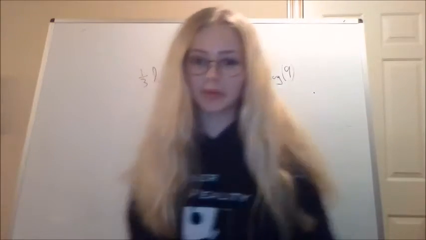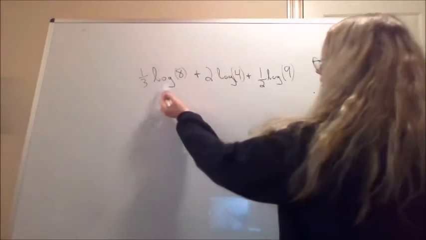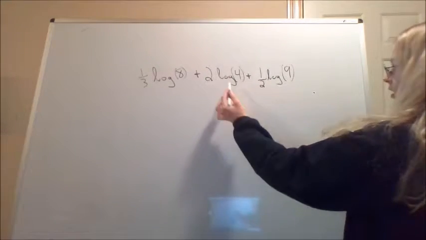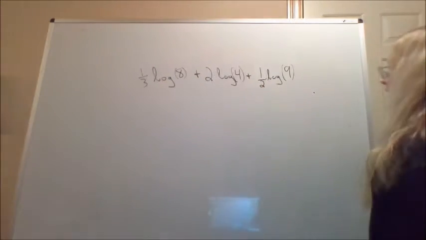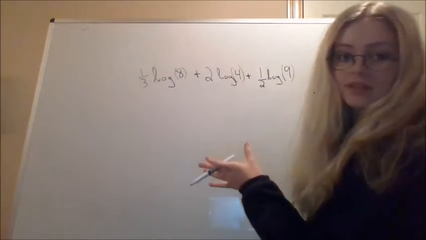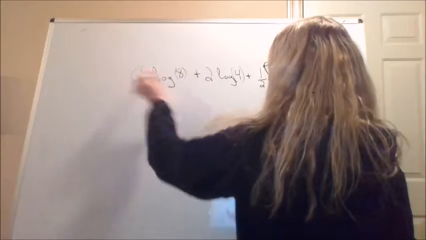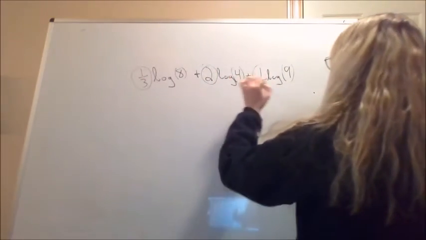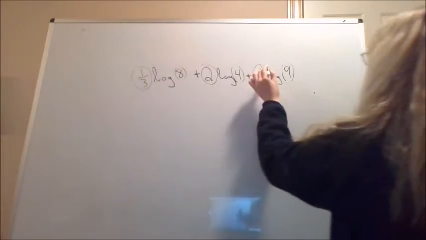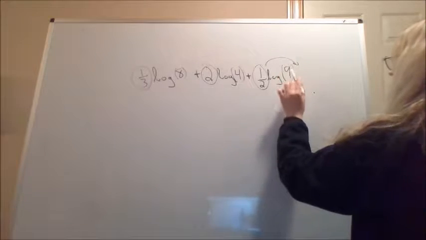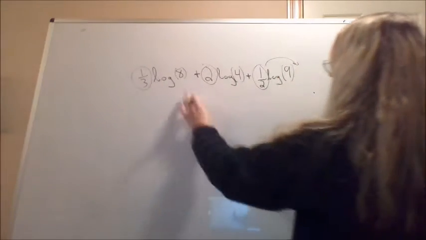Let's try an example. So here we have 1/3 log of 8 plus 2 log of 4 plus 1/2 log of 9. If we want to simplify this expression, we first want to take the numbers in front of each of the logs and move them to become exponents of the numbers within the logs.